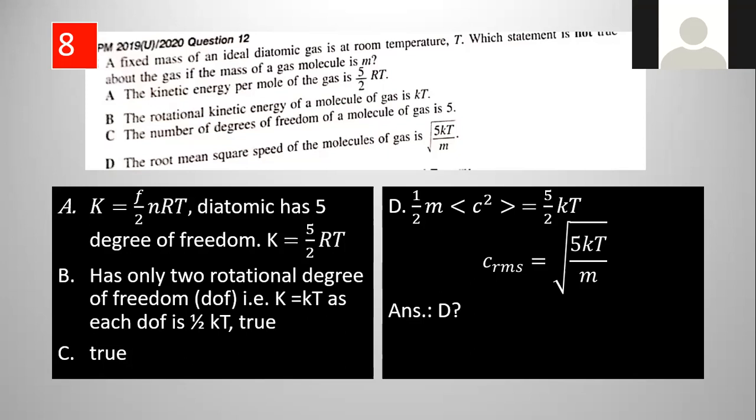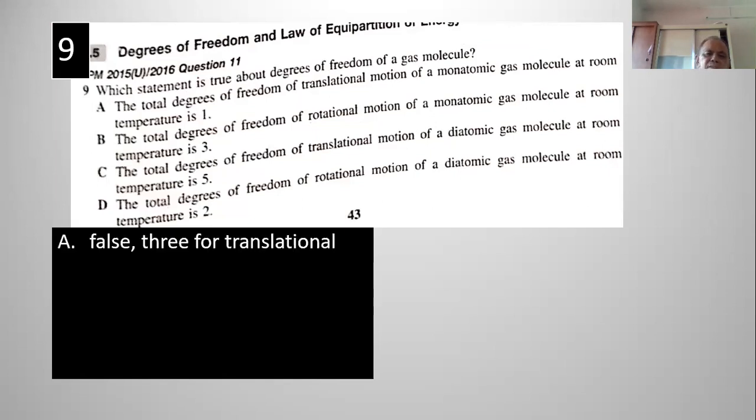Okay. Number 9, D, right? Which statement is true about the degrees of freedom of a gas molecule? Total degrees of freedom for translational motion of a monoatomic gas at room temperature is 1. Wrong. It should be 3. Total degrees of freedom for rotational motion of a monoatomic gas molecule at room temperature is 3. Rotational for monoatomic is none.